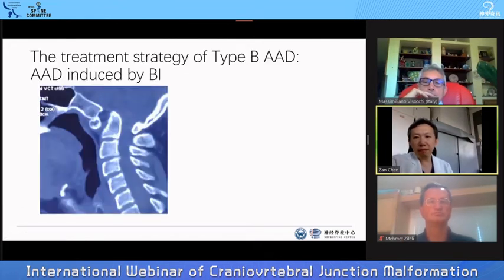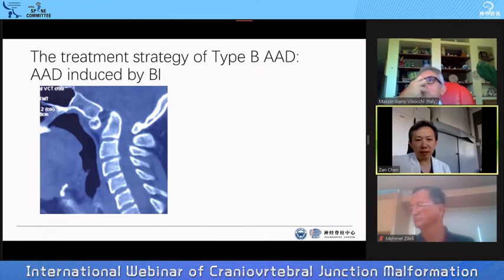For the type B C1-C2 dislocation, this kind of dislocation is accompanied with basal invagination. It's the most common kind of patient we meet in China. This kind of patient also always suffers occipitalization of C1, and because of the disappearance of C1, the C2 moves upward, and basal invagination happens.